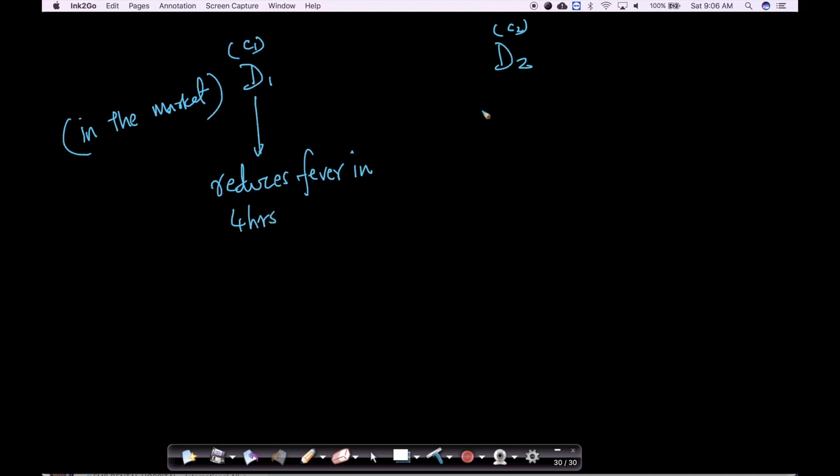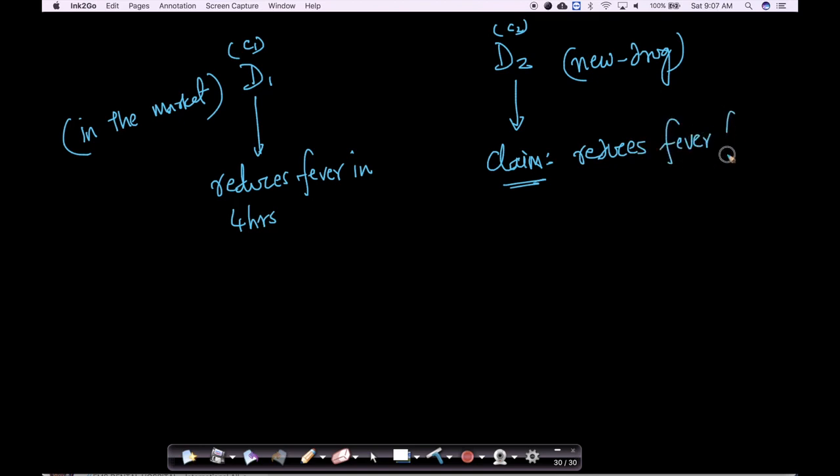Drug 2 is a new drug in the market, made by company 2, and their claim is that they can reduce fever significantly faster than drug 1. This is what they're claiming.